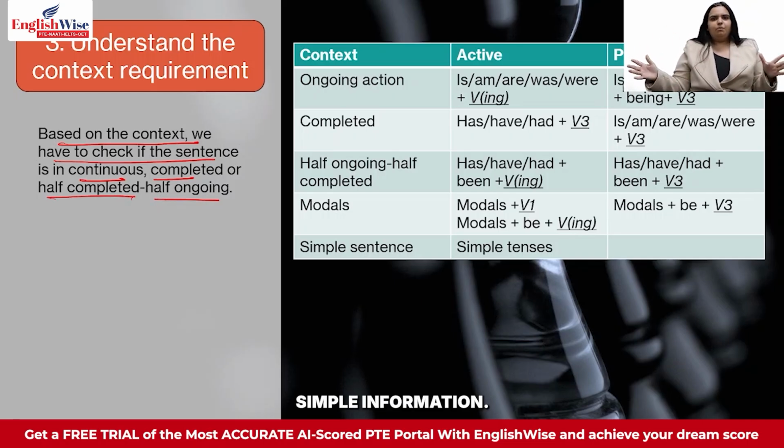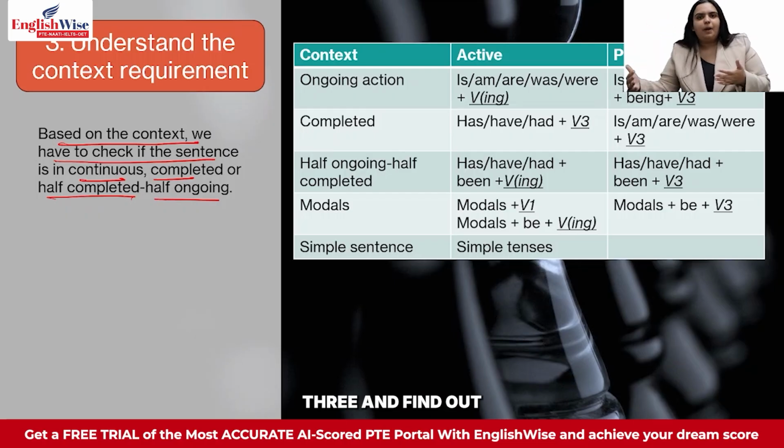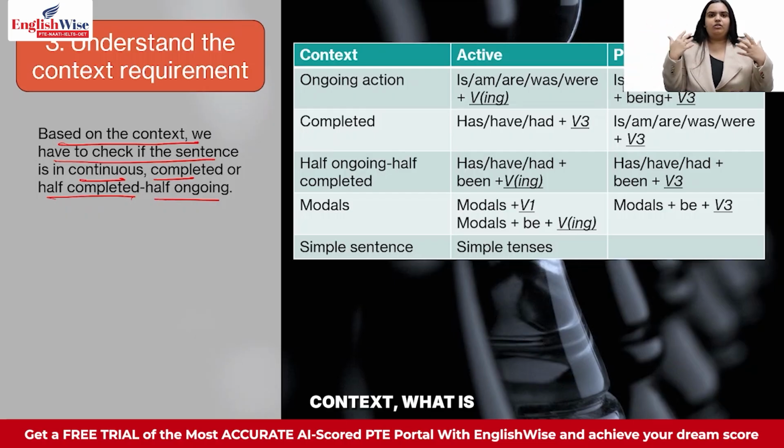Simple tenses give simple information, continuous tenses give ongoing information, perfect tenses always talk about the completion of an information, and perfect continuous are a mix, so they talk about half completed, half ongoing actions. So if you are still stuck, you will move on to step 3 and find out what the context is, what is being talked about in the passage, to give your final answer.